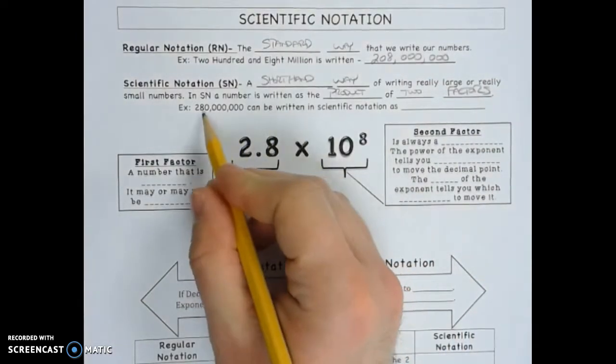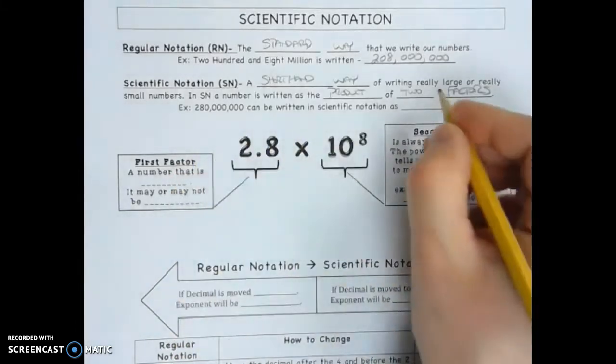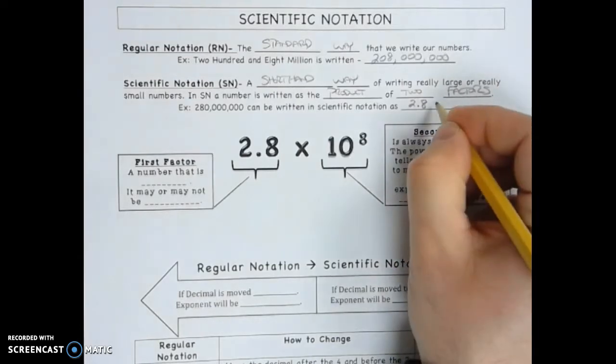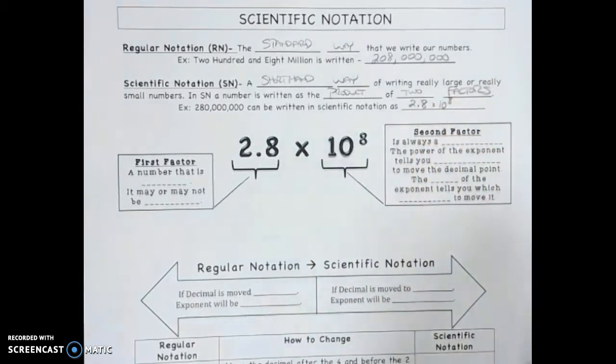And so if I have this number, this is 280 million. In scientific notation, the first factor would be 2.8, and then I would multiply that by an exponent or power of 10. 10, in this case, would be raised to the 8th power.